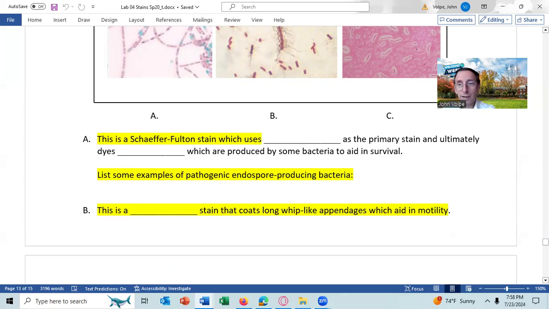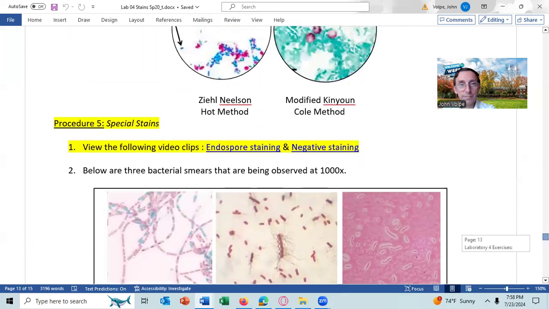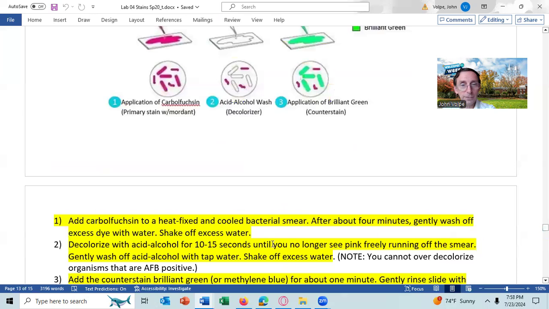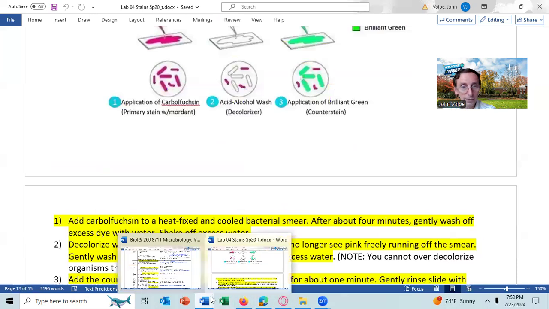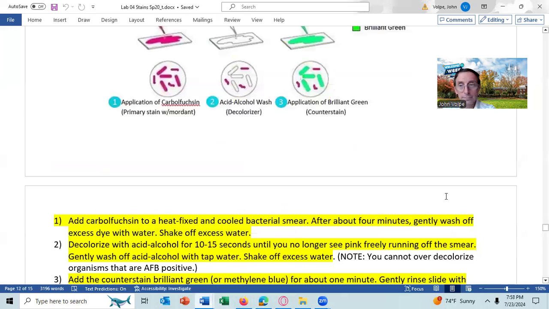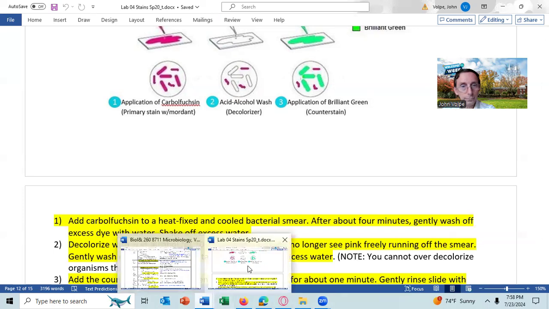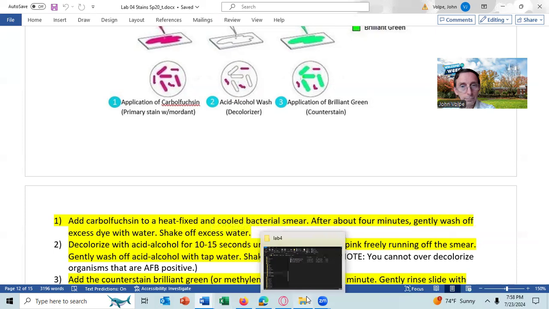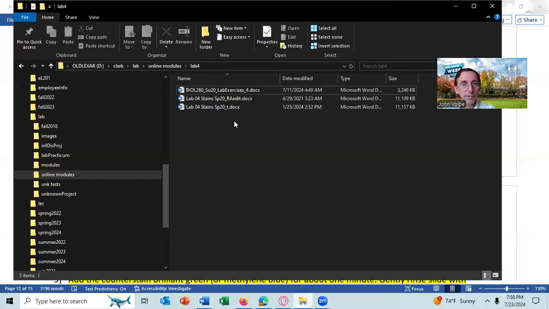By the way, I should not be going through the questions in the lab module. I should be going through the questions in the worksheet. So let's switch to the worksheet. Looks like I didn't open up the worksheet for that one.